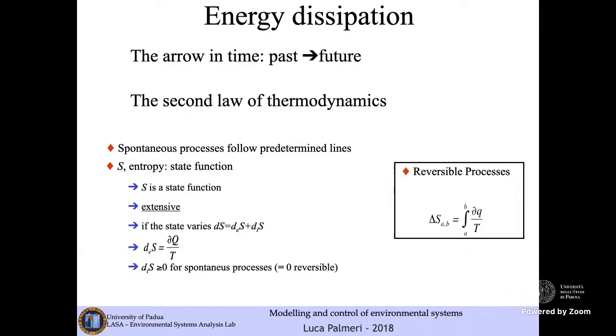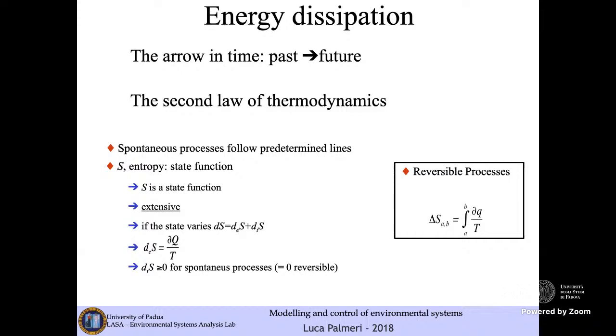So this is the manifestation of the second law of thermodynamics, which tells us that the direction of evolution of an isolated system is the increasing of disorder of the system.